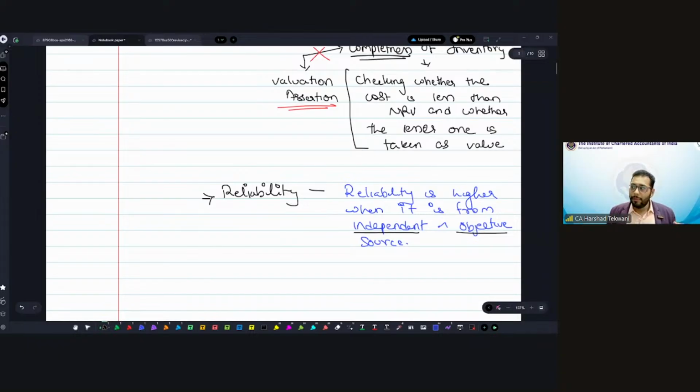Now, at that point in time, it becomes very crucial to understand who is the person doing the valuation of these things. Accordingly, my testing procedure will depend on it.